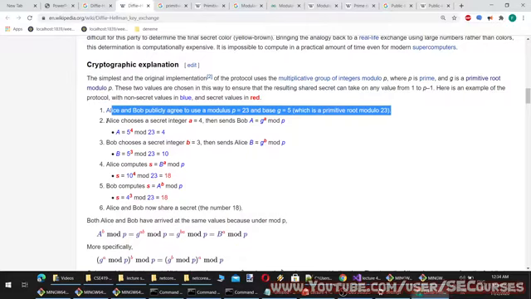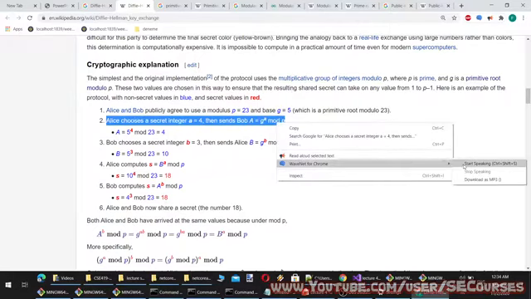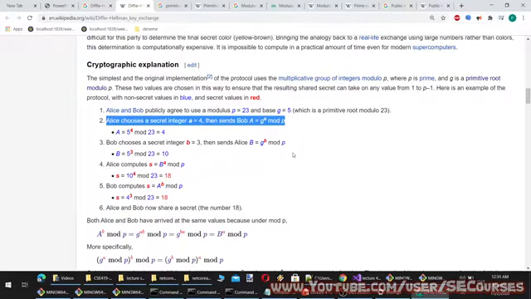And then Alice chooses a secret integer a equals 4, then sends Bob A equals g^a mod p. Okay, so the blues are public and the reds are private. Alice's secret integer is 4.